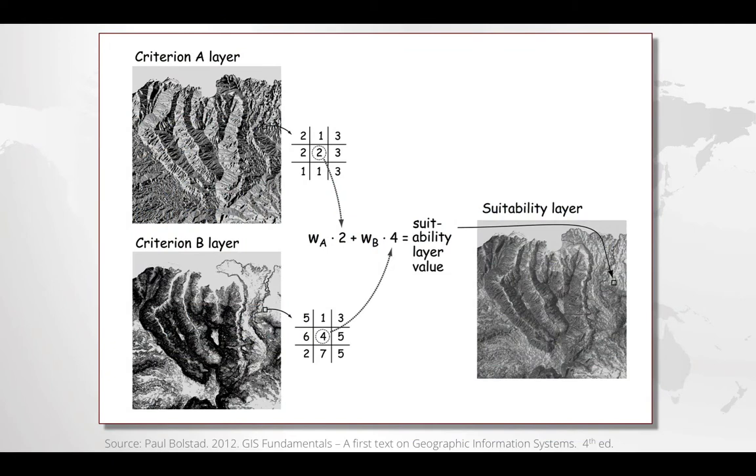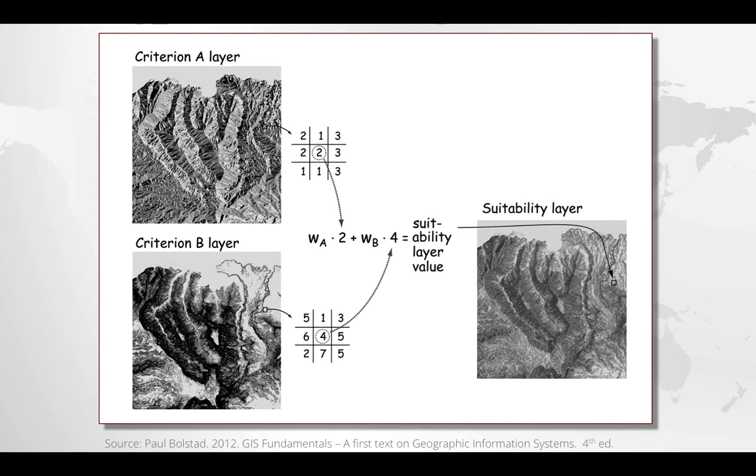And what you can do then is, if you have your different criterion layers, those different layers that should all at this point be through the same range, like 0 to 1, then you can take your criterion layer and multiply it by that weighting factor.